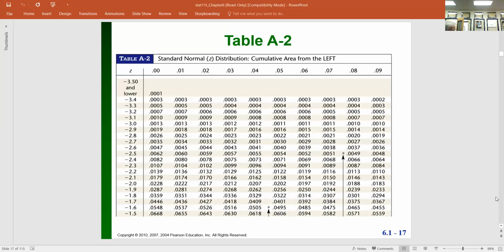Okay. Now we can determine the reverse as well.